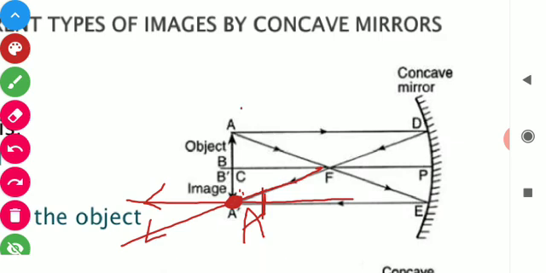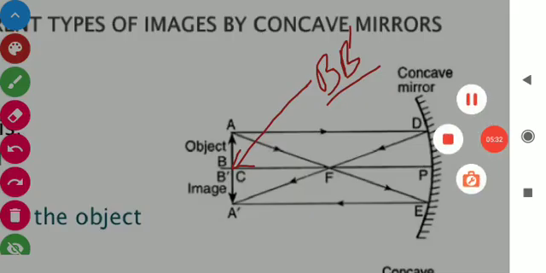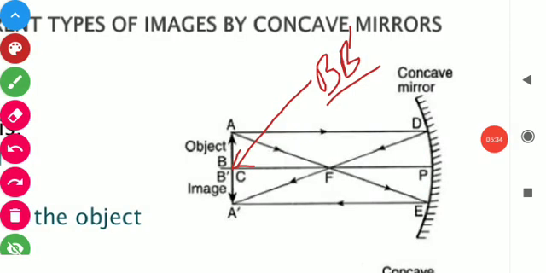This is the image of point A. And when we join this point with the principal axis, we get the B dash point. So here you can see that B and B dash are at the same position. So we can say that the object and the image are both at the same position, and the size of both the object and image is also the same.